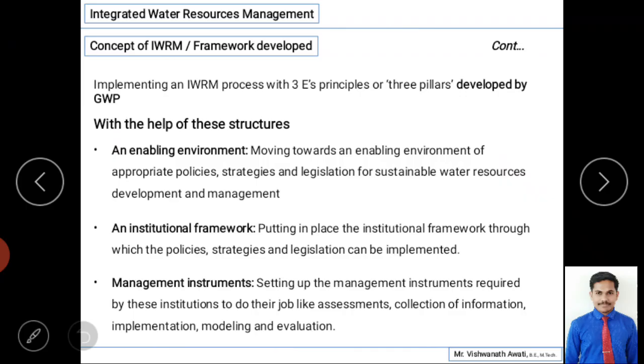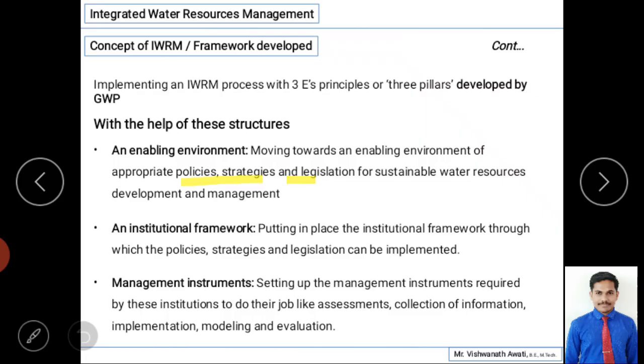So we have to go for integrated water resource management. Why? Because people won't go easily, so you have to create awareness among them. But how? By making rules and regulations, or creating policies, strategies and legislation, right?